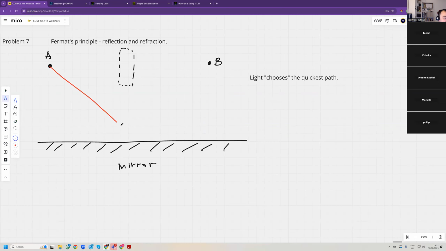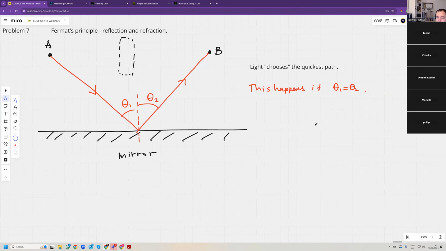The quickest path would be the path where theta 1 is equal to theta 2. This happens if theta 1 is equal to theta 2. And this is a proof in the webinar, in the assignment.